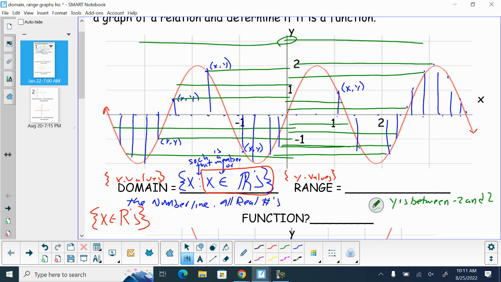So now how do we symbolize that? Y is between -2 and 2. So we have a set of values y such that, and once again, if you don't have that there, that is fine.